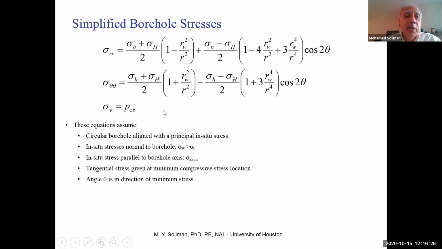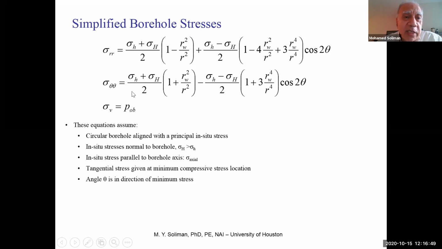That sounds very good. So now let us look at sigma theta theta, which is tangential to the wellbore. At the wellbore, RW squared divided by R, well, R is equal to RW, so this is 1. 1 plus 1 is 2.